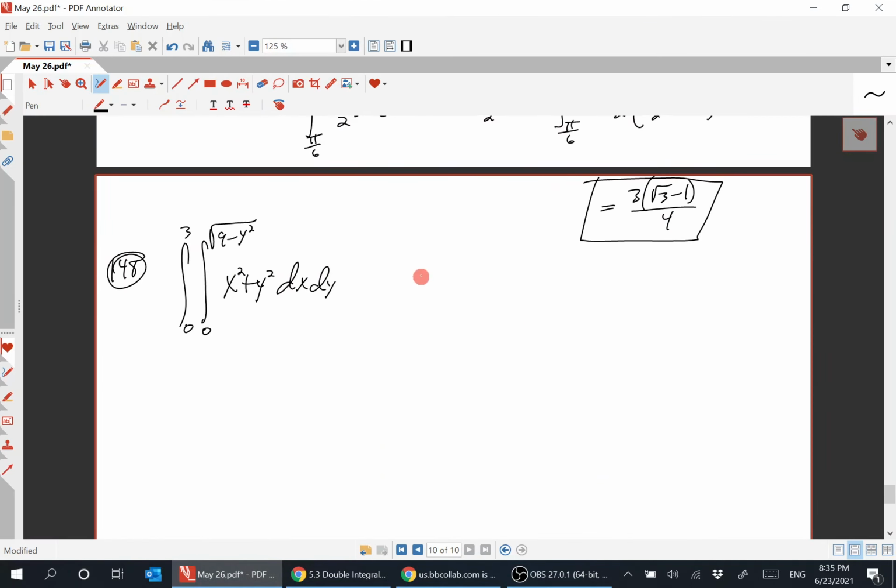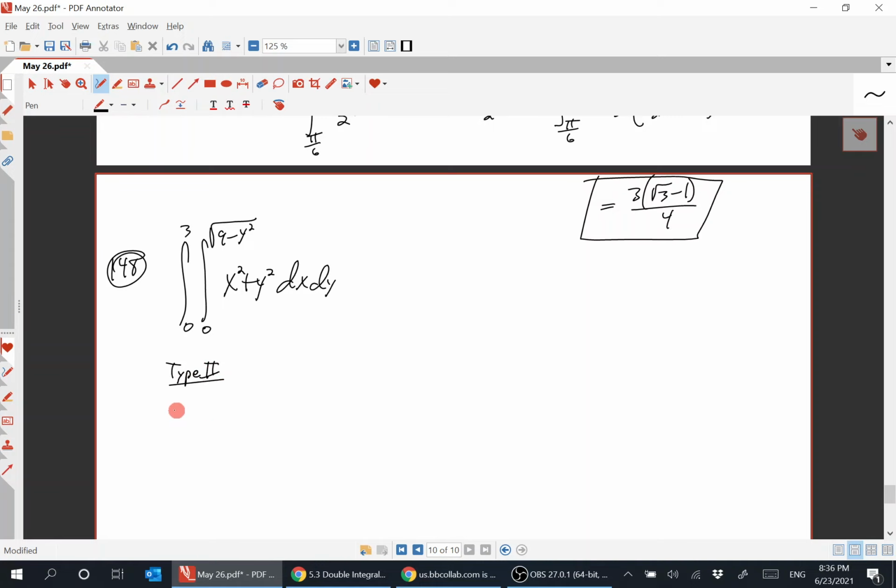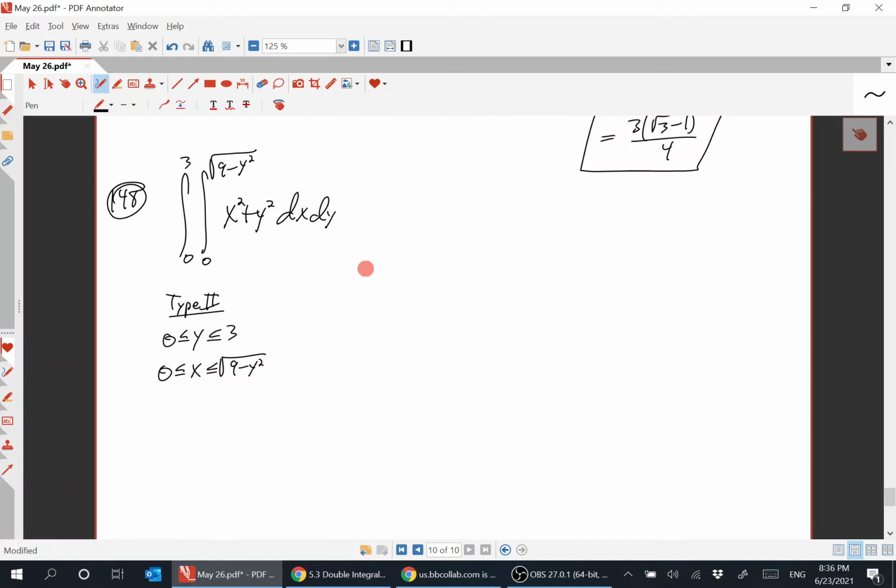Alrighty. So we need to look at what this region is. This is a type 2 region, and it's 0 less than or equal to y less than or equal to 3, and 0 less than or equal to x less than or equal to square root 9 minus y squared. Now, that's x equal to square root 9 minus y squared, part of the circle of radius 3.